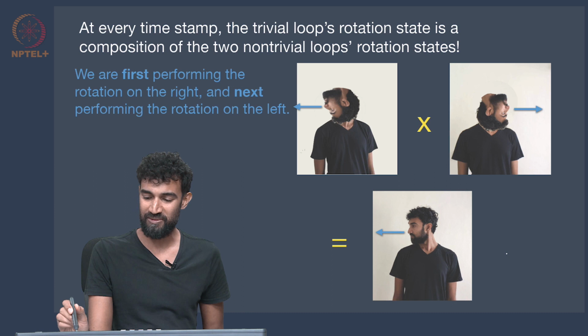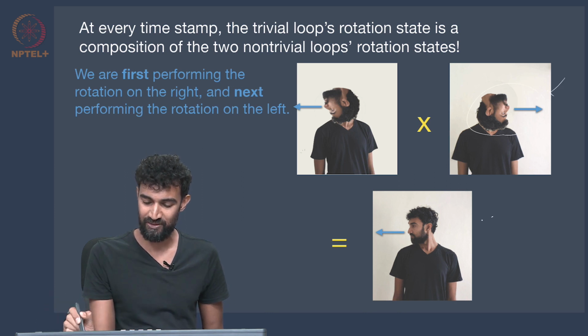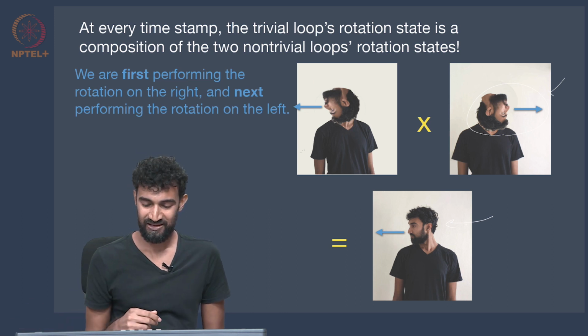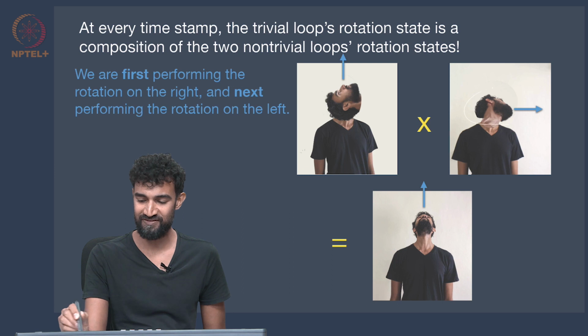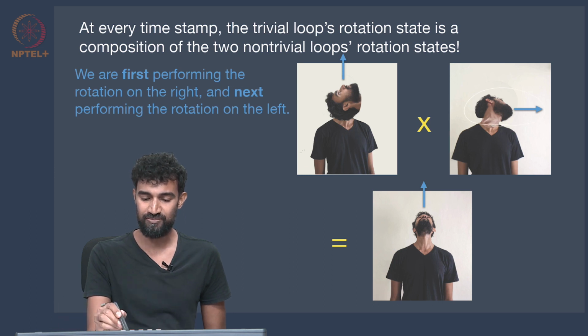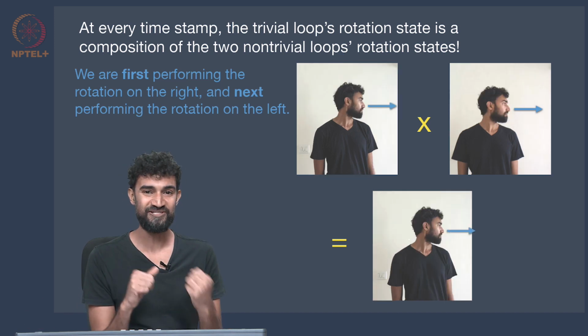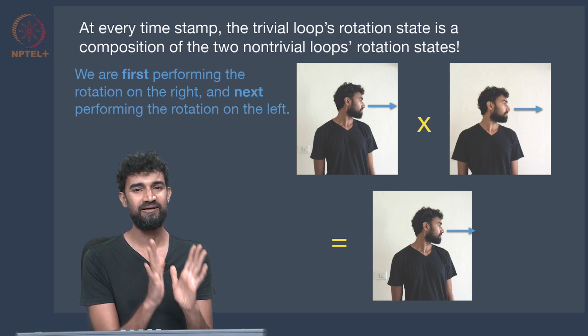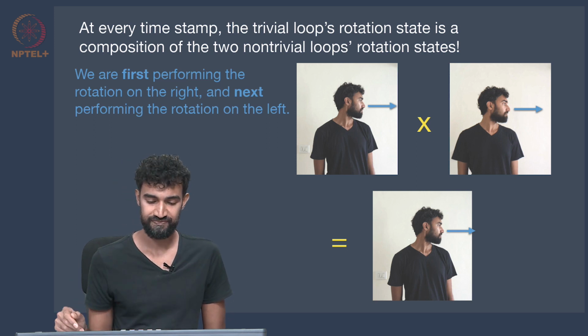And if you imagine taking this guy and rotating him by 180 degrees, you'll end up exactly with this state here. So at every timestamp, the same operation will work. We can take the state of this fellow, rotate it by this amount, and we'll get to this guy. So the trivial loop really is a decomposition in that way, at every instant of time. It's a product of these two rotations.